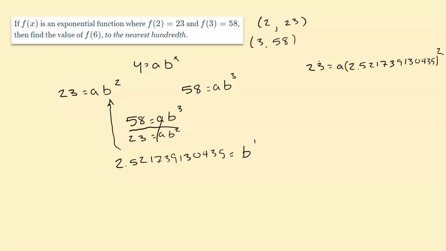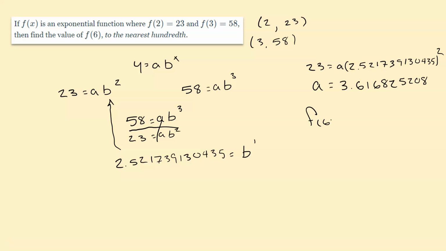So you want to take 23 divided by that number, and so I got a equals 3.616825208. So now we want to find the value of f of 6 to the nearest hundredth.